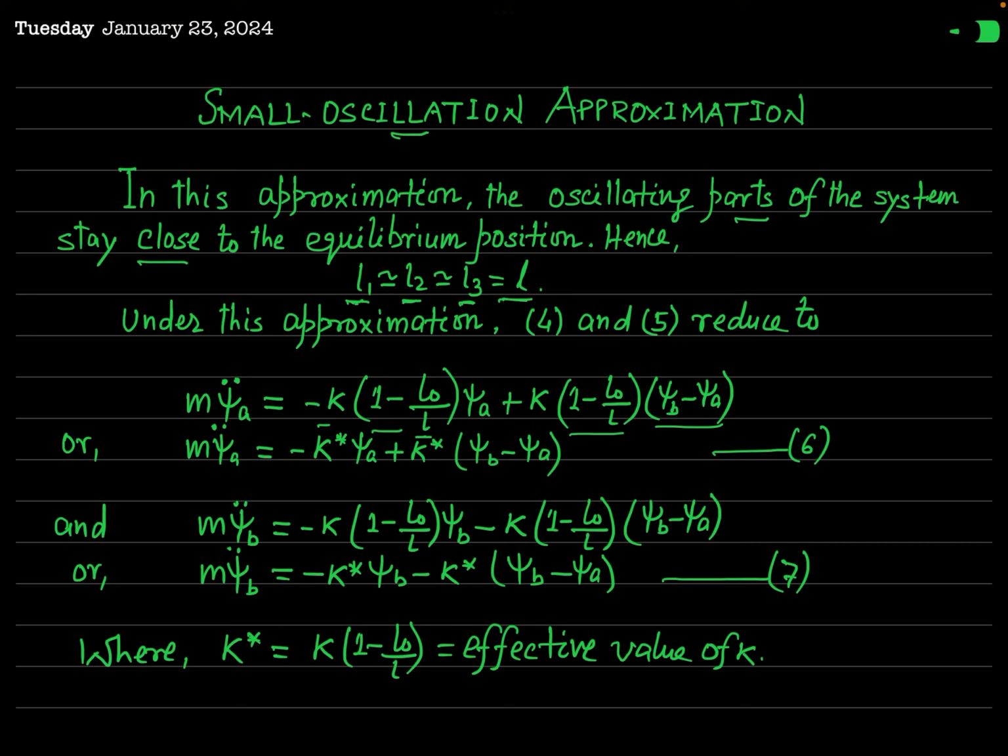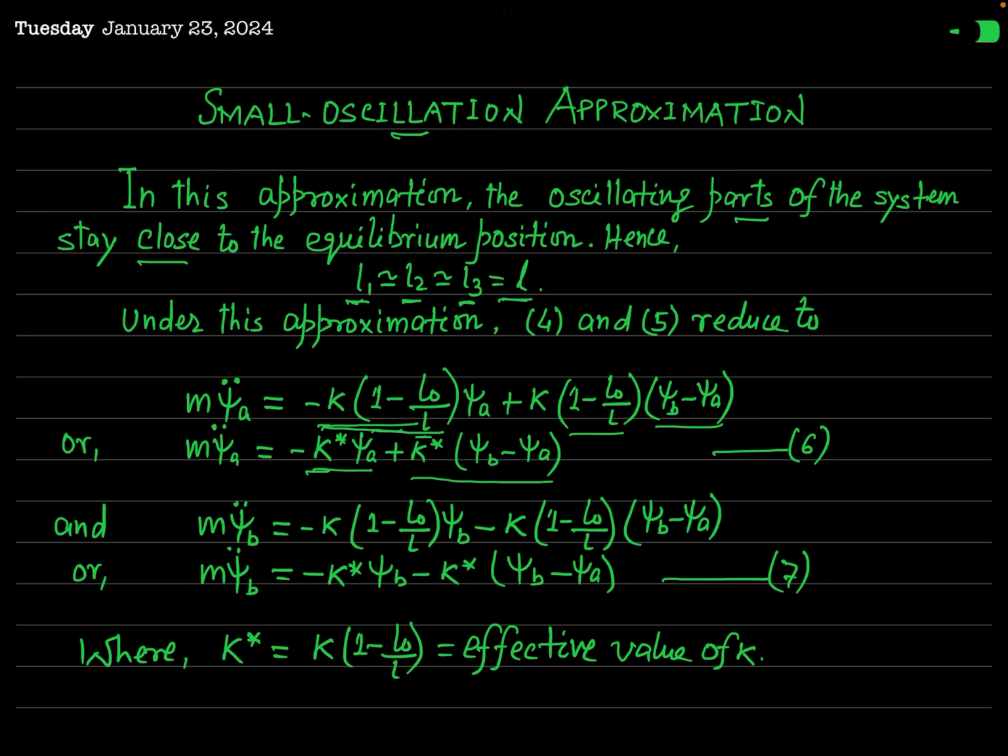Now if we consider that k times (1 minus L naught by L) is equal to k star, then this k star is called the effective value of the spring constant in this condition. So now write k star instead of k times (1 minus L naught by L). This equation will now be m times psi a double dot equal to minus k star psi a plus k star (psi b minus psi a).